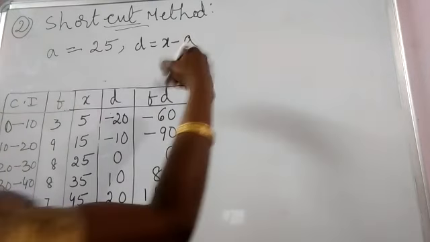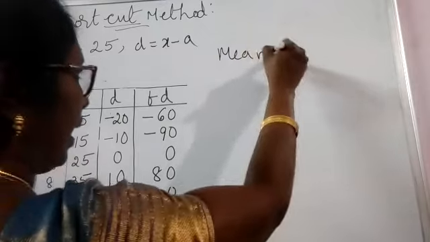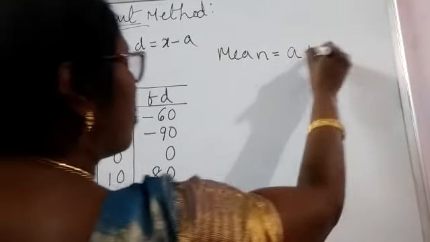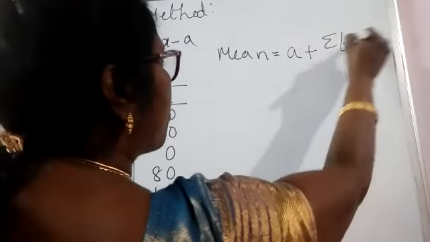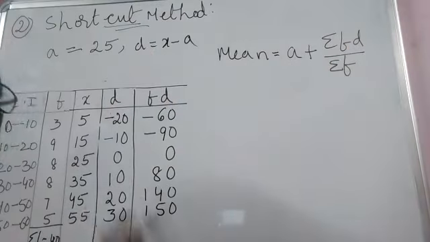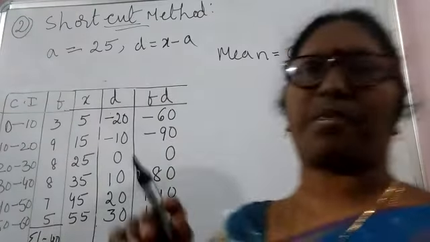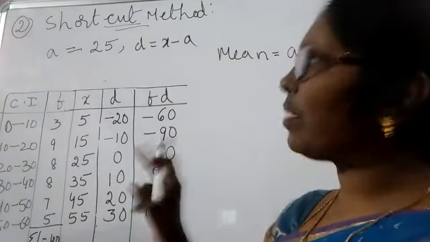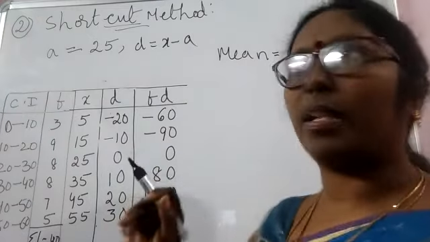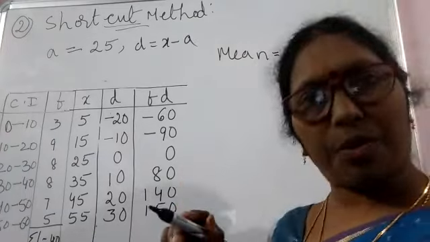Here the formula for finding mean is assumed mean plus summation of fd by summation of f. Children, it is very good for you to know the concept. Why? In the previous case, when you were finding the mean by direct method, the formula was summation of fx by summation of f.